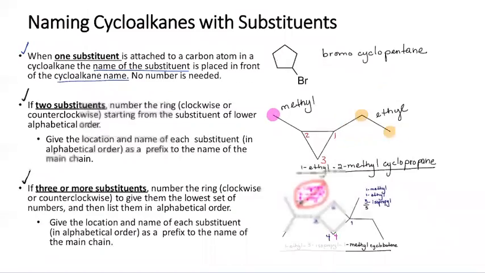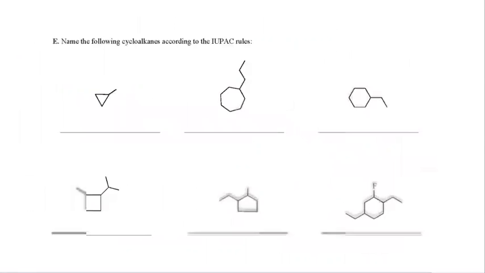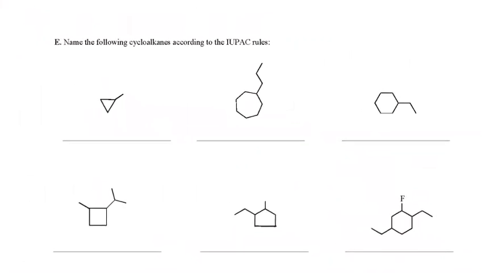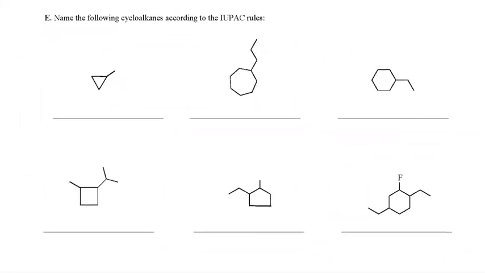Questions naming cyclic alkanes with 1, 2, or 3 substituents? Then let's go ahead and practice. So here we have some examples of cyclic alkanes, okay? So let's, in the chat, write the names.